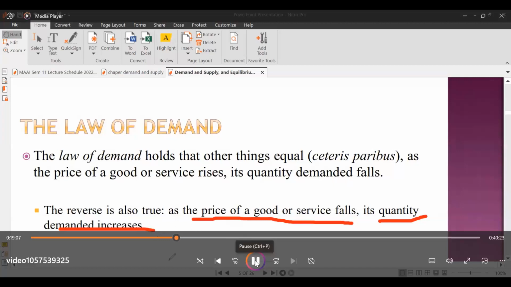Even practically we know that when the price of a product rises, consumers will definitely not purchase more. So why is there an inverse relationship?